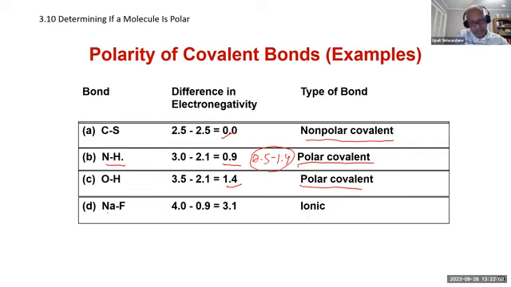Between sodium and fluorine, if you calculate the electronegativity difference, it is 3.1. That is greater than 1.9. When the electronegativity difference is greater than 1.9, it's an ionic bond. An ionic bond means there is no molecule.